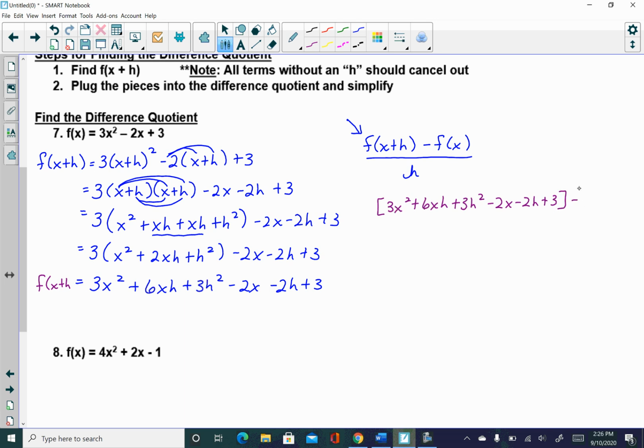Now you subtract f of x. You don't have to do any work. f of x was given to you. So you subtract 3x squared minus 2x plus 3. And then all of this is divided by h.